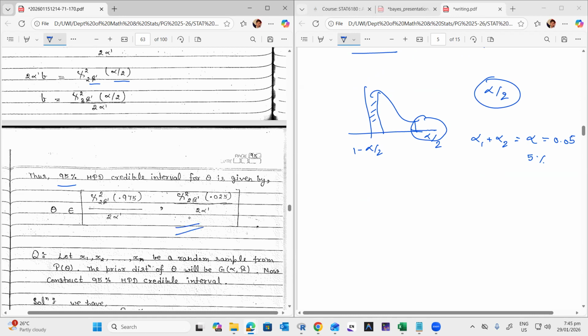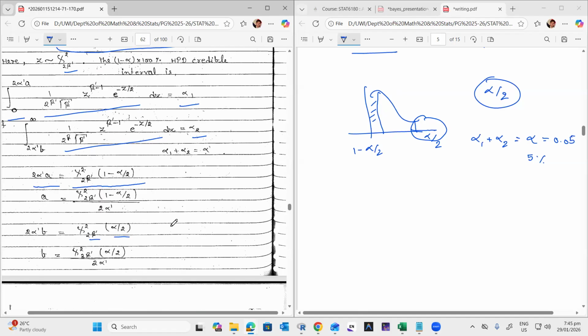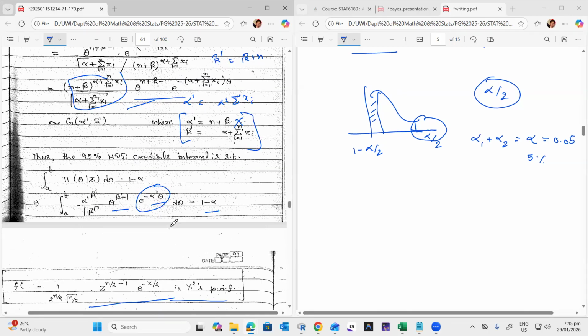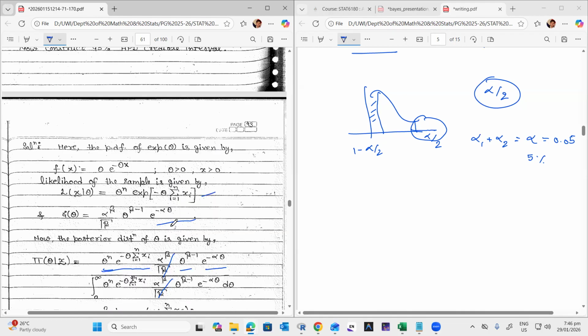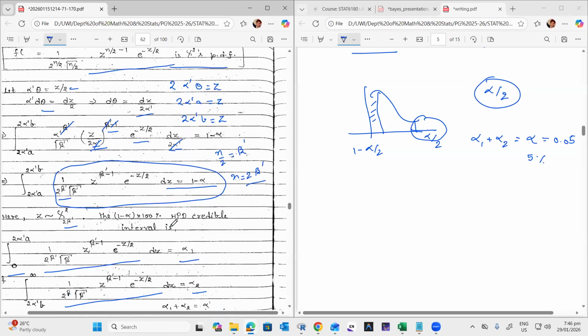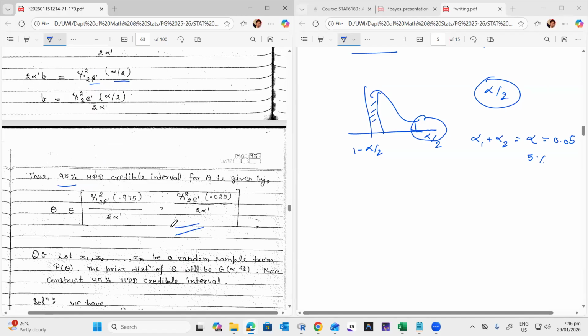So that will be your HPD credible interval for the exponential distribution with posterior distribution gamma dash alpha dash. All right. So that is your credible interval.